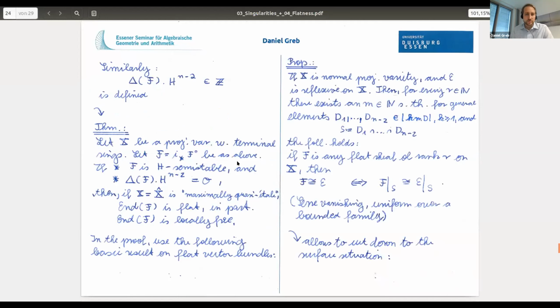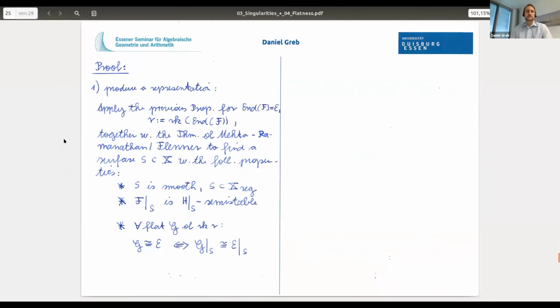So I'm now going to prove this theorem. I have an H semi-stable sheaf, a vanishing discriminant in this sense, and I assume that my space has this property that flat sheaves extend from the smooth part to X, and I'm going to prove that this endomorphism sheaf is flat. Okay, so first I have to find a representation.